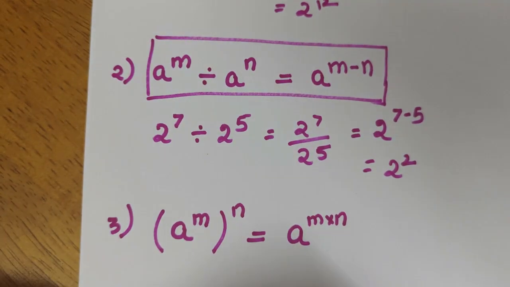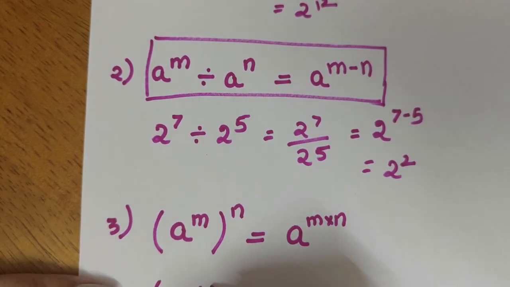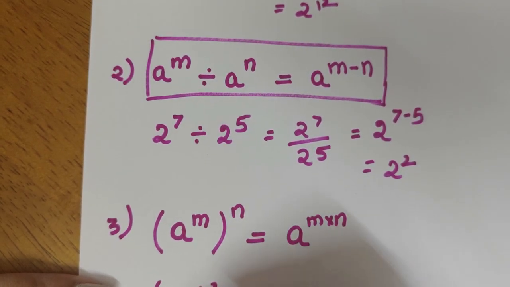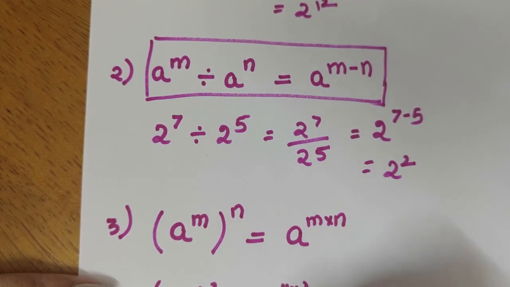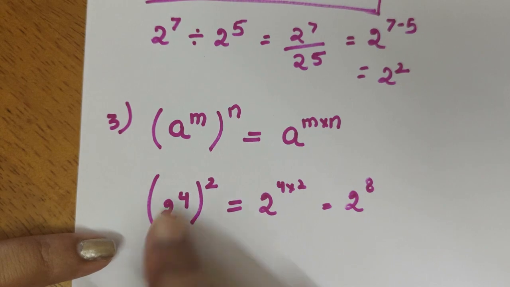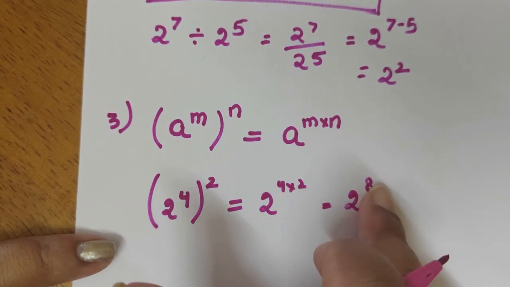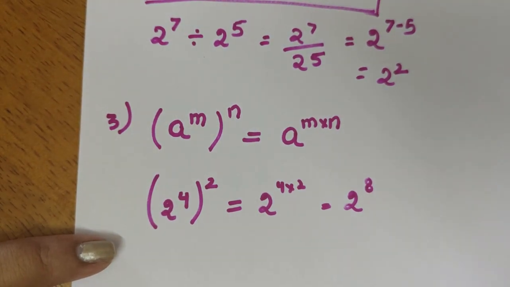What I mean is, if I have 2 raised to the power 4 and this whole is raised to the power 2, when I remove the bracket, this will become 2 to the power 4 into 2, that is 2 raised to the power 8. 4 2s are 8.